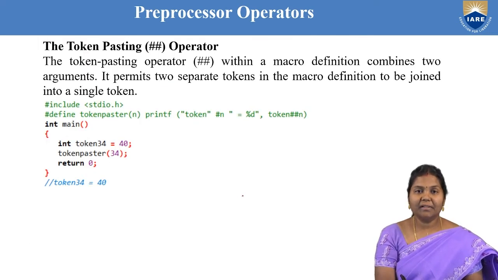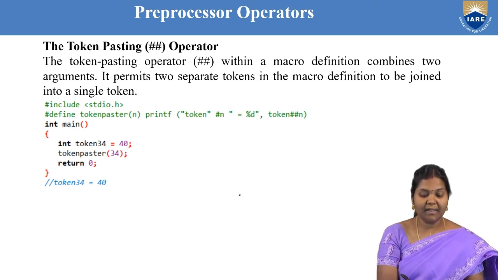Then the next operator is called the token pasting operator, which is nothing but double hash. The token pasting operator with a macro definition combines two arguments. It permits two separate tokens in the macro definition to be joined into a single token. So how to do it? Let us see.